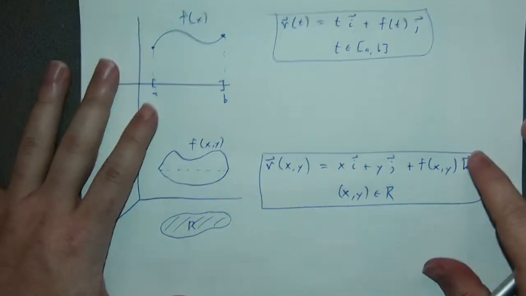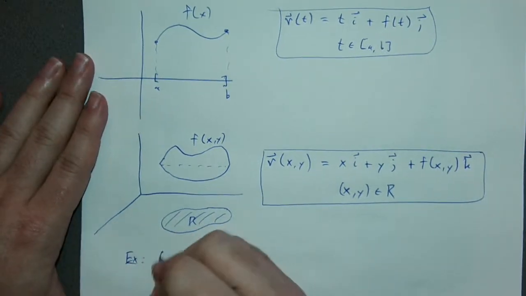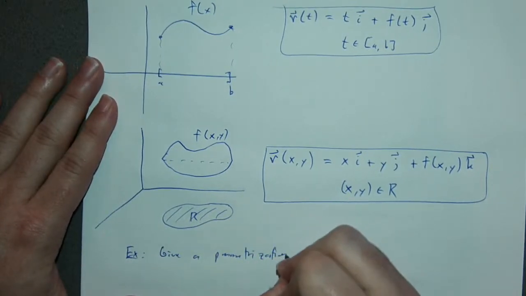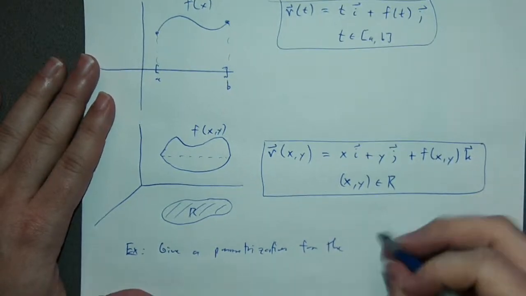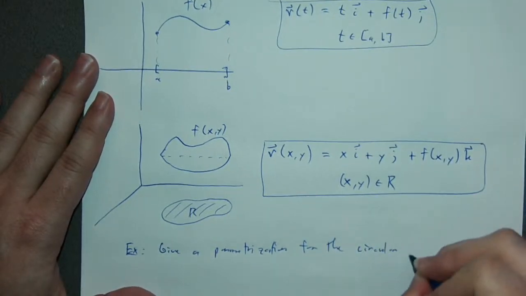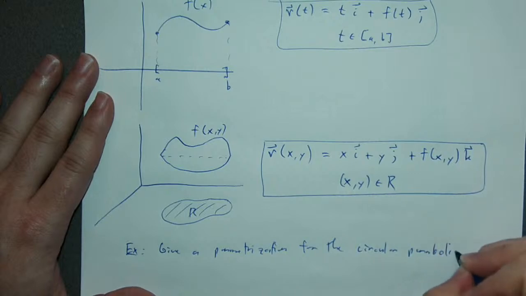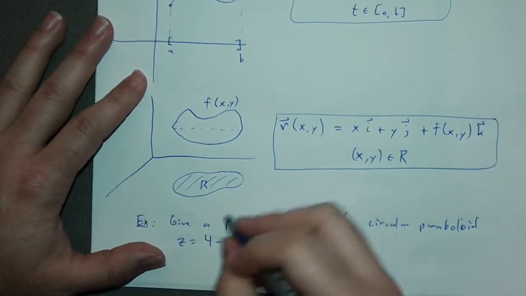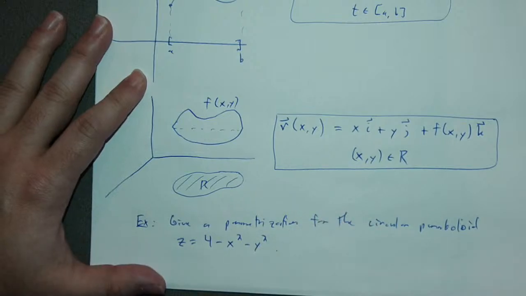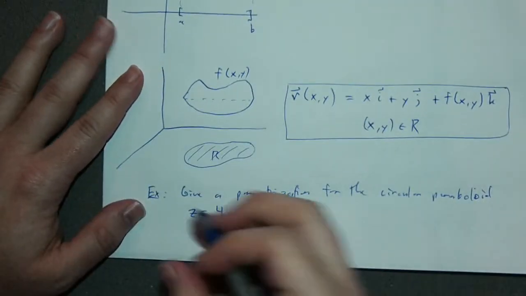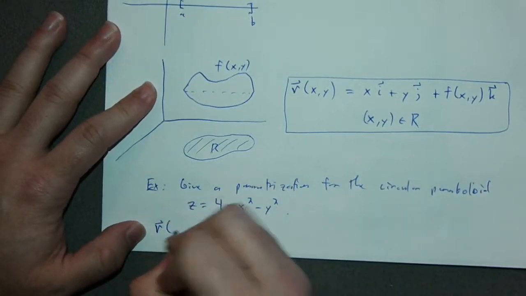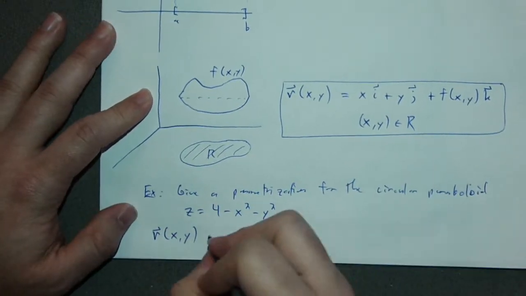All right. So, quick example. Give a parameterization for the circular paraboloid z equals 4 minus x squared minus y squared. Well, the answer is what? My parameters are x and y.